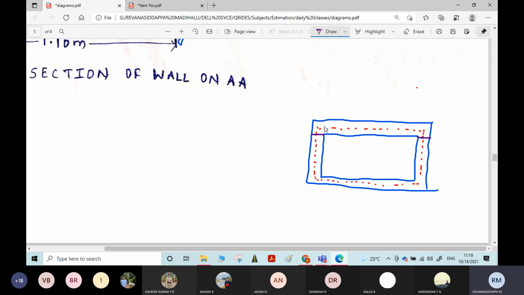So that full length of the long wall is considered.